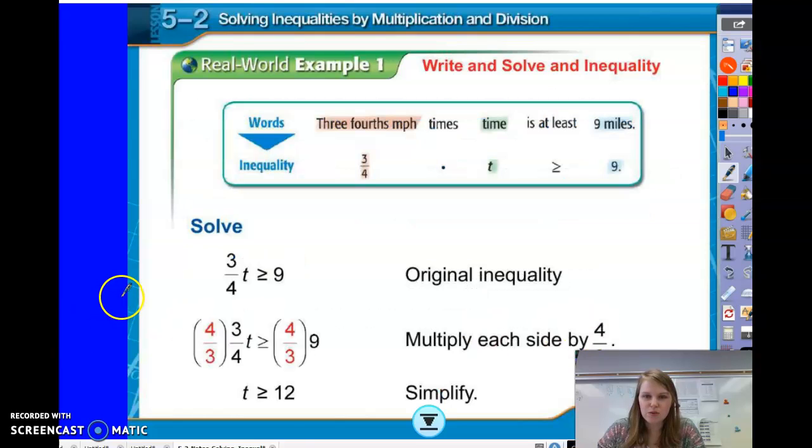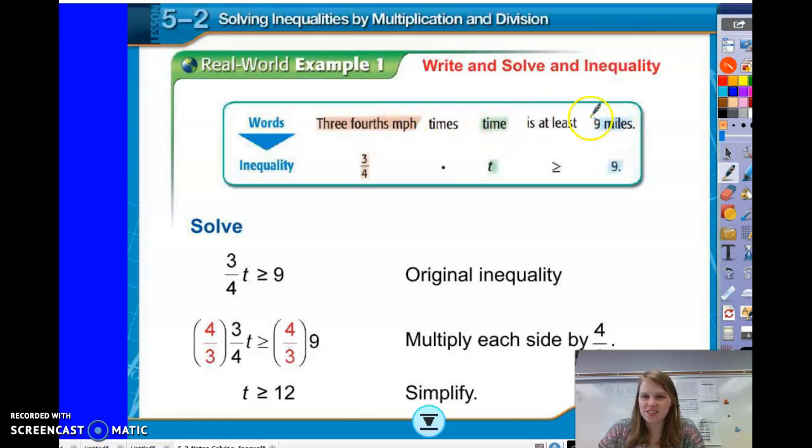Distance equals rate times time. So we've got 3/4 miles per hour times time. This is rate times time equals distance.